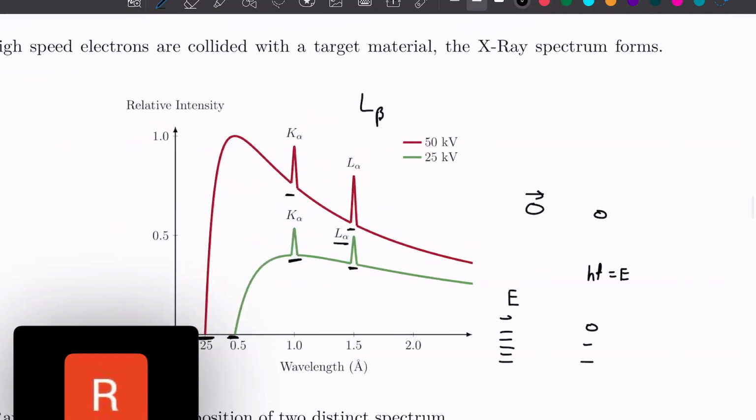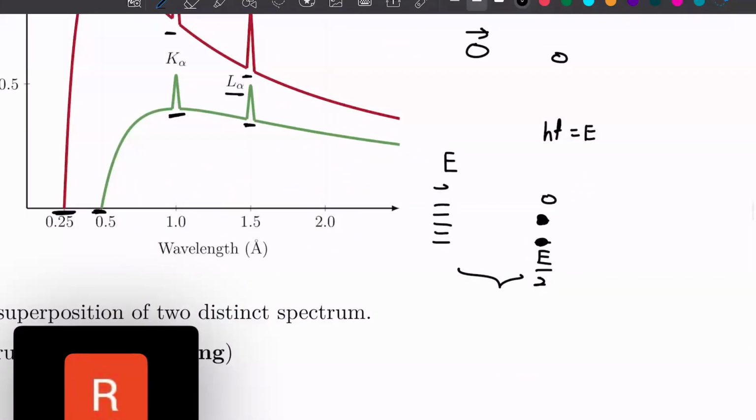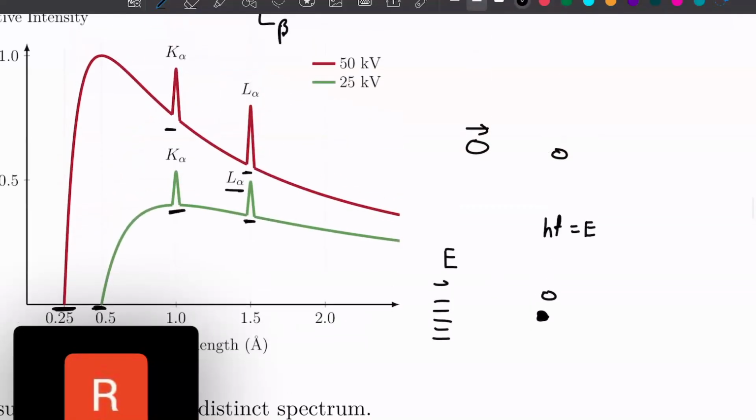So let's say here, it comes to E over 2. This electron has E over 2. Then you realize that obviously this energy difference is only smaller than that. So the maximum energy difference is E, which is the initial energy.